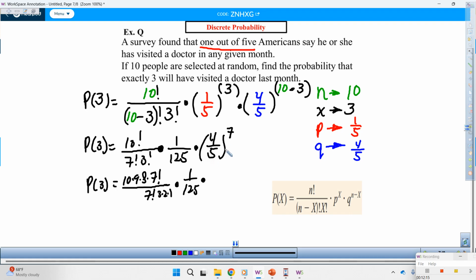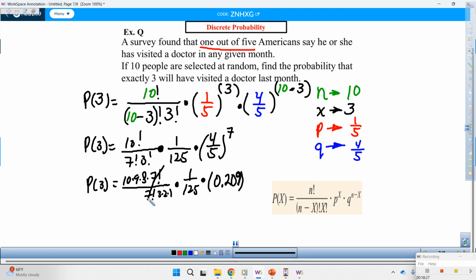All right, calculators calculate. Somebody help me, what is 4/5 to the 7th power? So I can have a number for that. All right, so 4/5 to the 7th is approximately 0.209. All right.